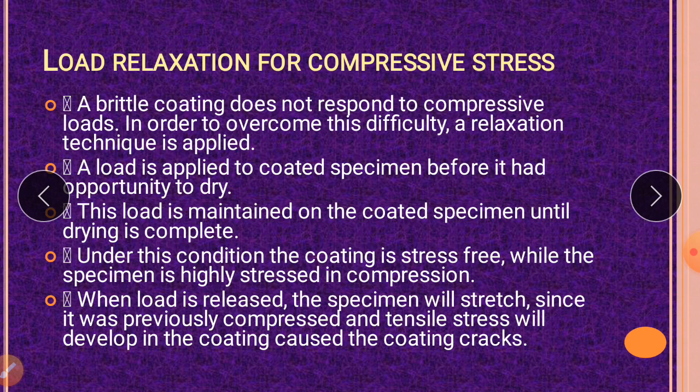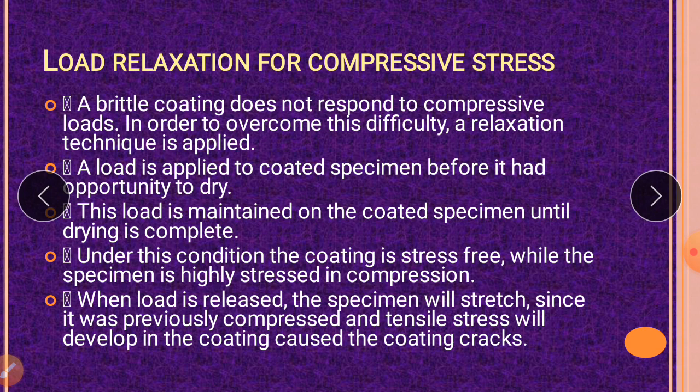When the load is released, the specimen will stretch. Okay, now the specimen is stretching. We applied the compressive load before, and now when you remove that compressive load, the specimen gets stretched. Since it was previously compressed, tensile stress will develop in the coating, causing the coating to crack.